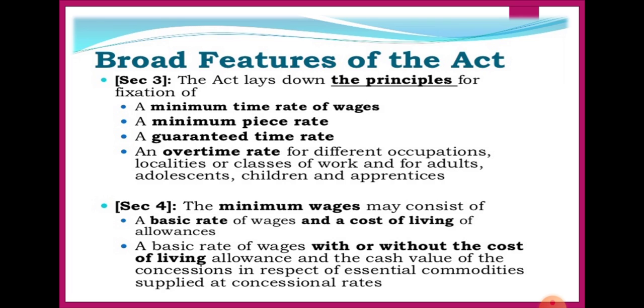So a basic rate of wages with or without the cost of living allowance, and the cash value of the concessions in respect of essential commodities. In organized sectors, if I talk about the railways, railways provide some extra facilities also, like accommodation, housing facilities.